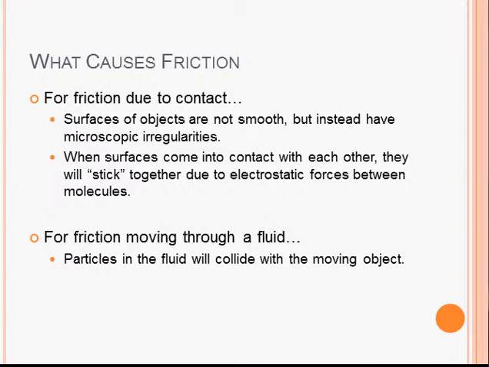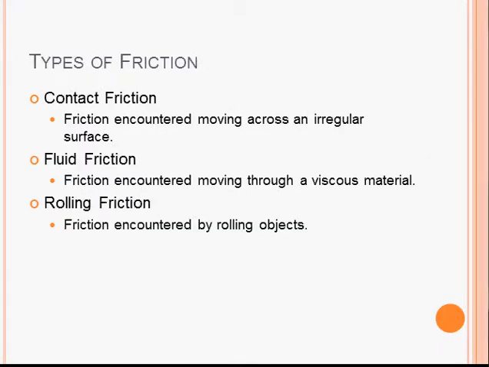You have the particles of water resisting your motion as you move forward through it. So friction is basically just resistance. It's either resisting motion because you're dragging across a non-smooth surface, or it's friction because you're trying to plow through particles in front of you. Now, there are multiple types of friction we're going to talk about, and the two big ones we're going to look at are contact friction and fluid friction.